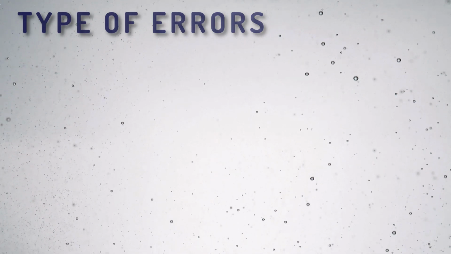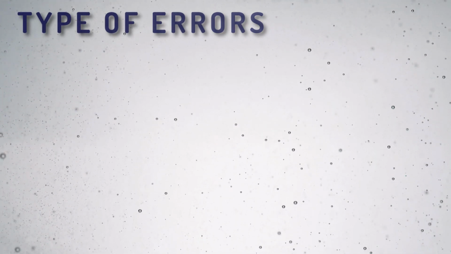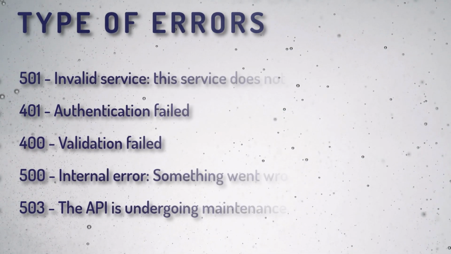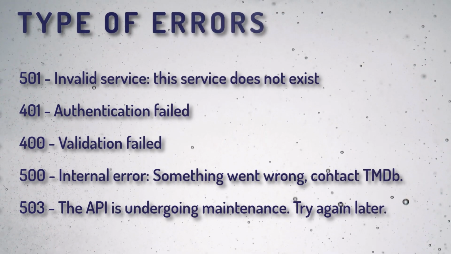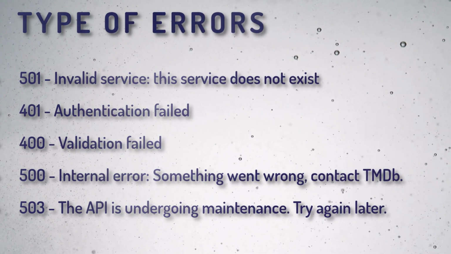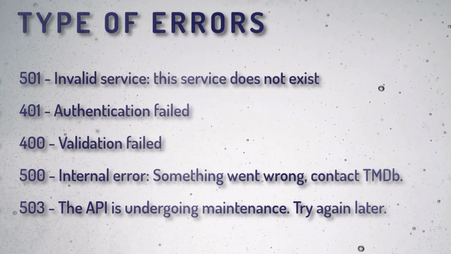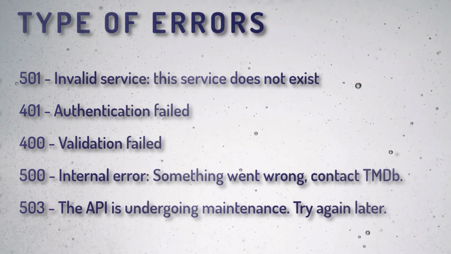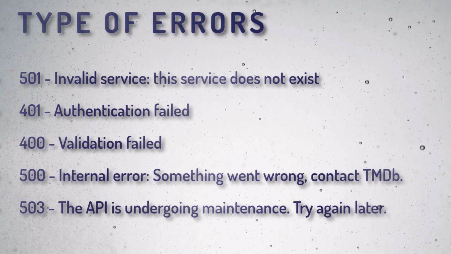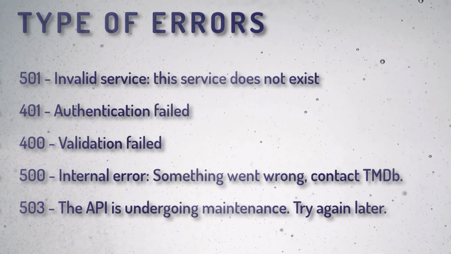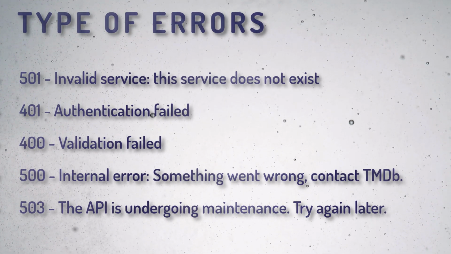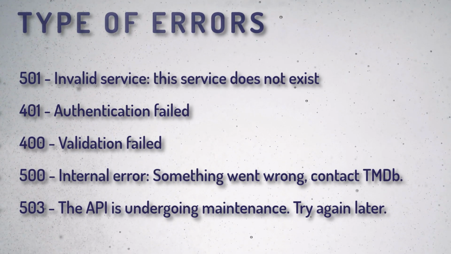There can be many more errors that the TMDB API throws, like 501 for invalid service, 401 for authentication failed, 400 for validation failed, 500 internal server error, 503 the API is undergoing maintenance, try again later. Now these are just a few of the API status codes that I have listed down.